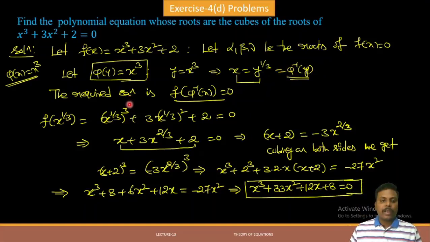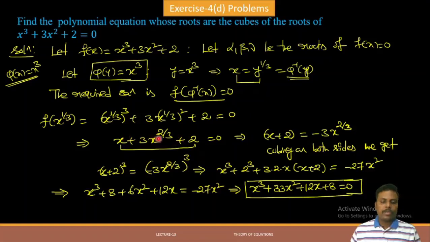And we know the transformed equation whose root is pi alpha is f of pi inverse x is equal to 0. We have discussed this in the last lecture, so I have substituted the same function, but what we are expecting is a cubic polynomial, okay, but this is not a cubic polynomial.